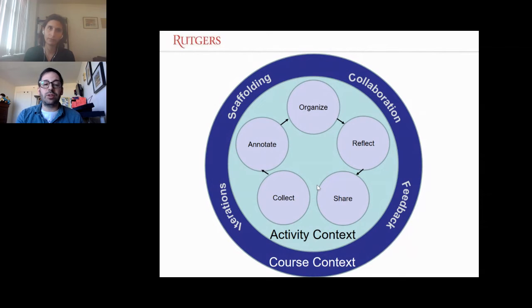And we needed to be able to do so in a course context that allowed for multiple iterations so that they could get successively closer to goal for a complex set of research skills that they didn't have prior to beginning our courses. That allowed for scaffolding to walk them through those research processes and procedures, that allowed for collaboration for peer feedback and community learning and feedback from their instructor, and that allowed for the possibility, as I just said, of feedback. And the tool that we found to do this was Wakelet.